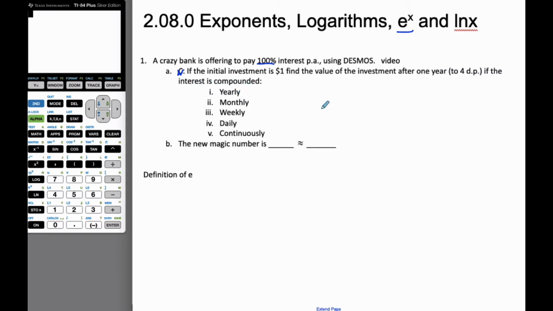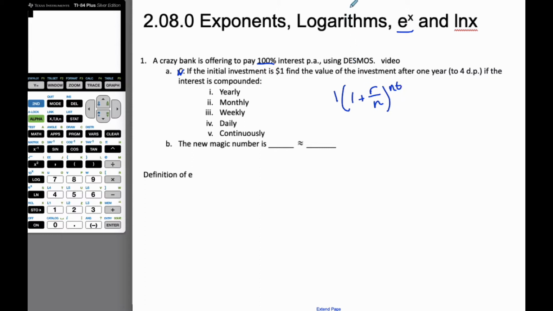Well, if we remember our formula for compound interest, I take my principal, and it's 1 plus r over n, where n is the number of compound periods, to the power n times the number of years.